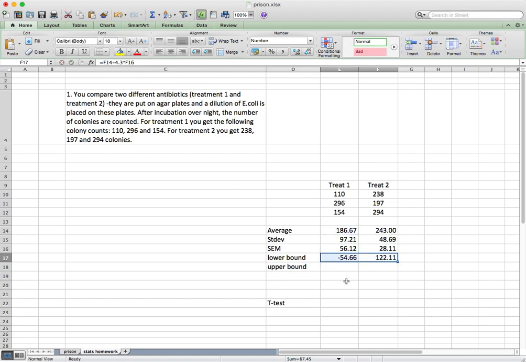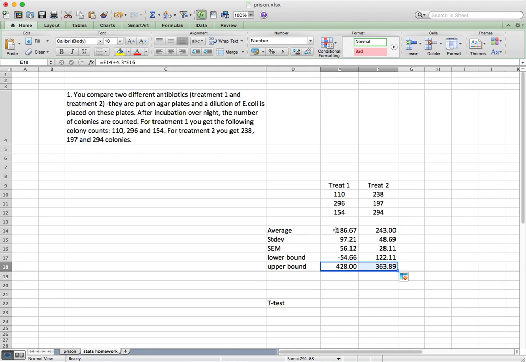Now let's do the same thing for the upper bound, where we take the average plus the t factor, 4.3, times the standard error of the mean. That gives us 428 here. We do this for treatment 2 as well.